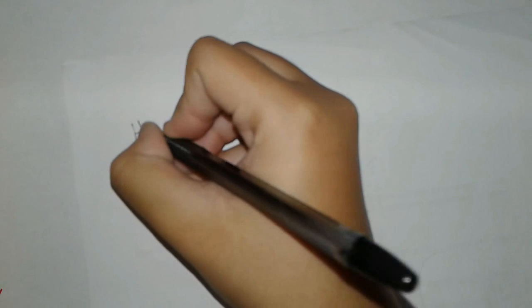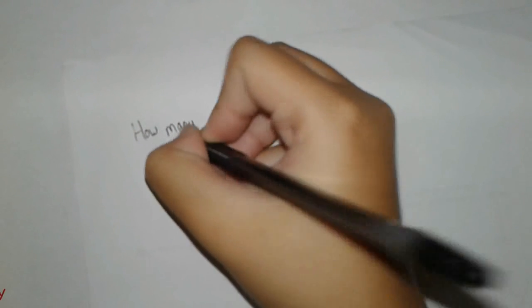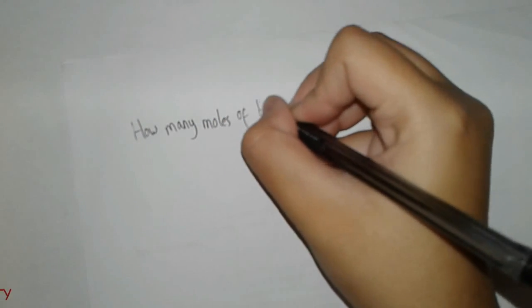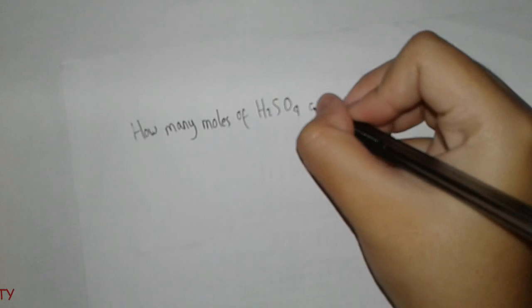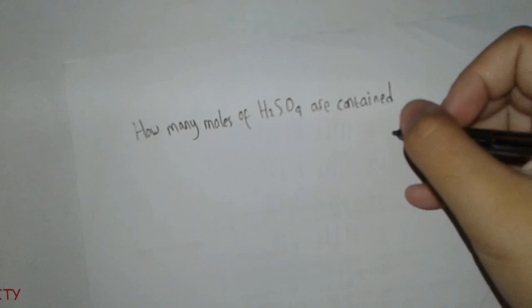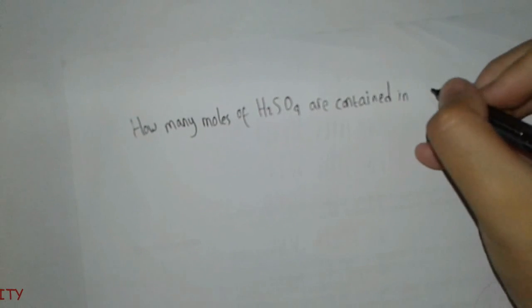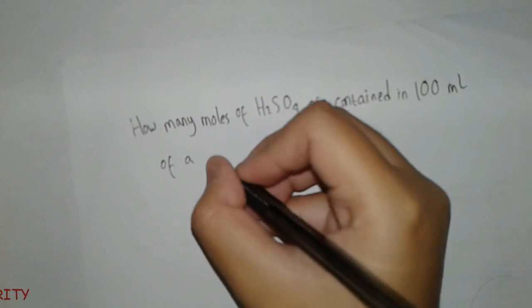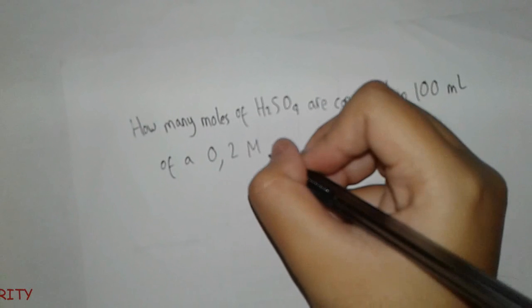The first example: imagine that we have some sulfuric acid, and the question is like this: how many moles of sulfuric acid are contained in 100 milliliters of a 0.2 molar solution?